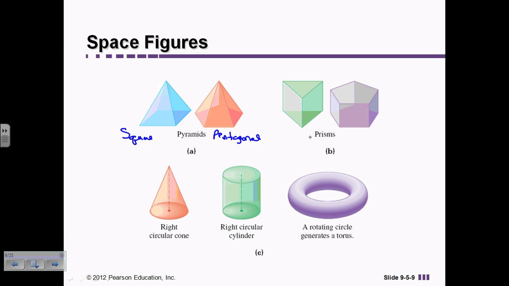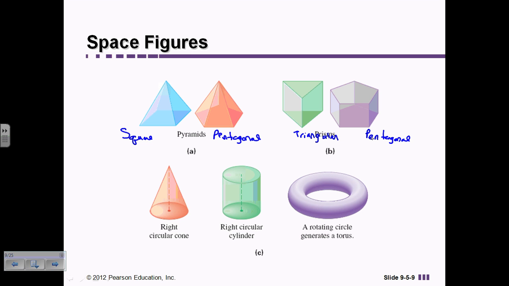And on the prisms, you have a triangular prism, and again, a pentagonal prism. The difference between them is that the sides on the pyramids are triangular shaped and the sides on the prisms are rectangular shaped.